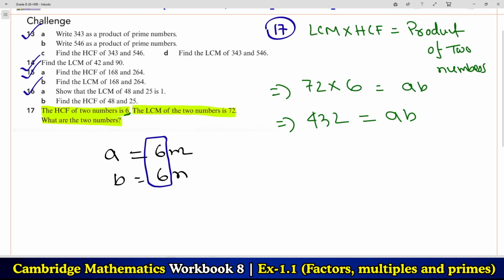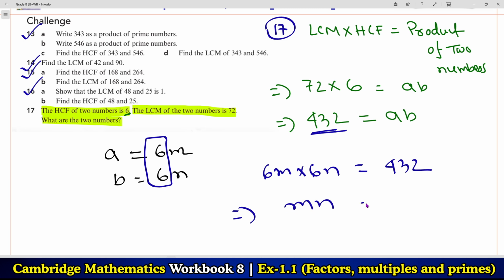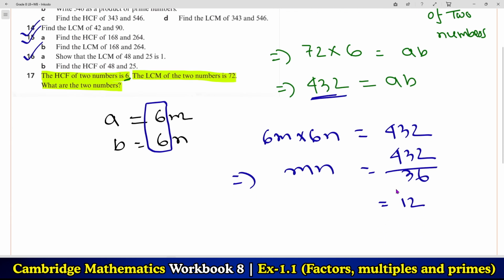Just think smartly. If the common number is 6, then this 432 is the multiple of LCM and HCF. So we can say 6m times 6n equals 432. This is the product of the two numbers. So mn equals 432 divided by 36, and if we divide 432 by 36, we will get 12, right?